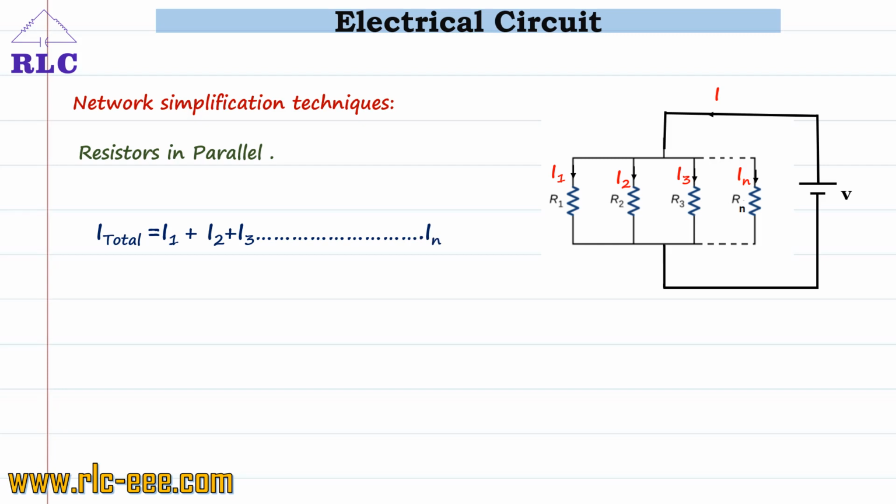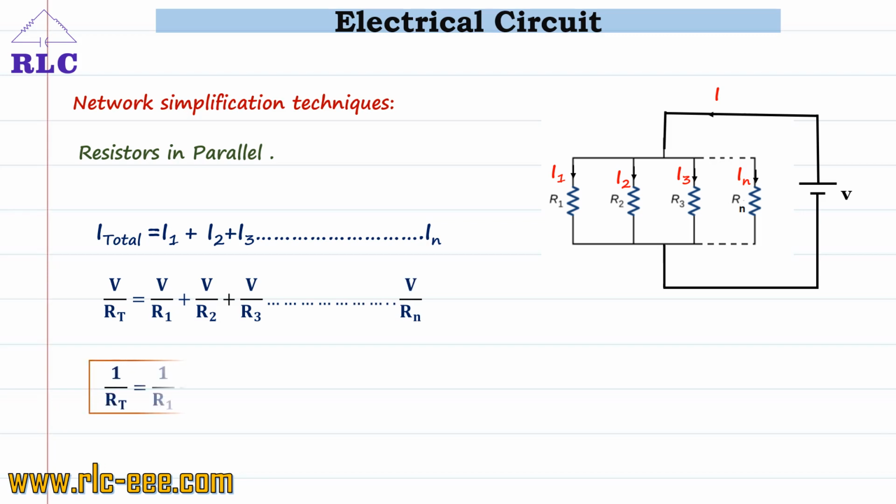That is V by R total is equal to the sum of the individual currents: V by R1, V by R2, V by R3. Similarly for In we can write it as V by R. If you simplify this statement, V is common, so V cancels each other and we get 1 by R total is equal to 1 by R1, 1 by R2 plus 1 by R3.